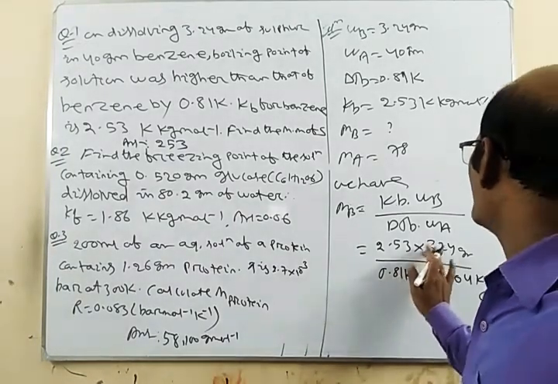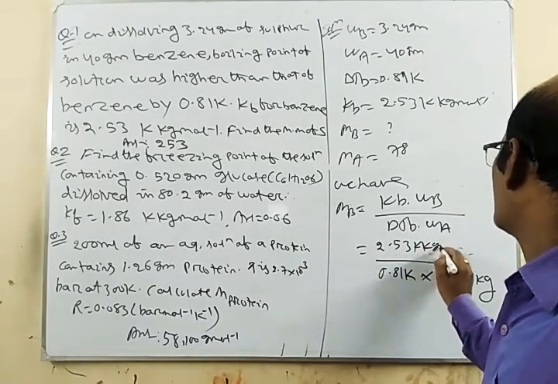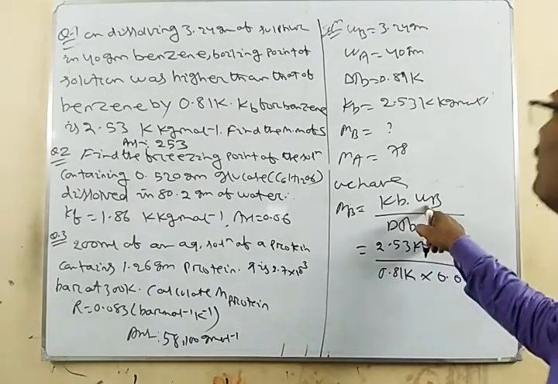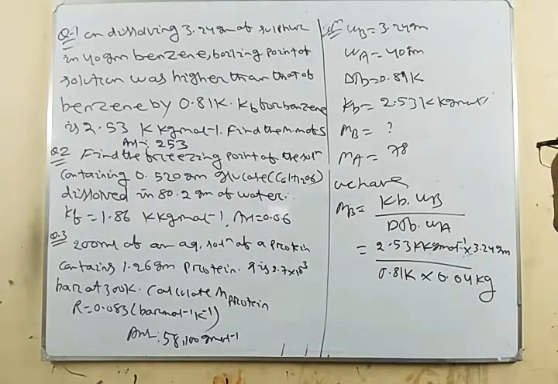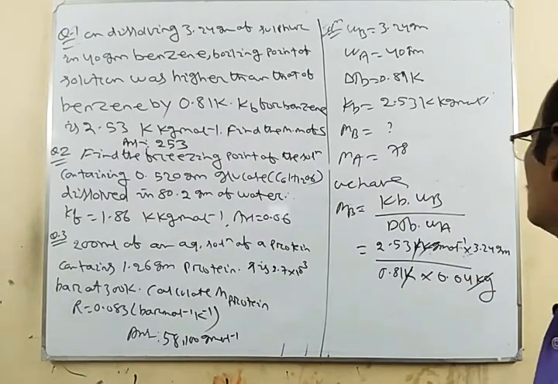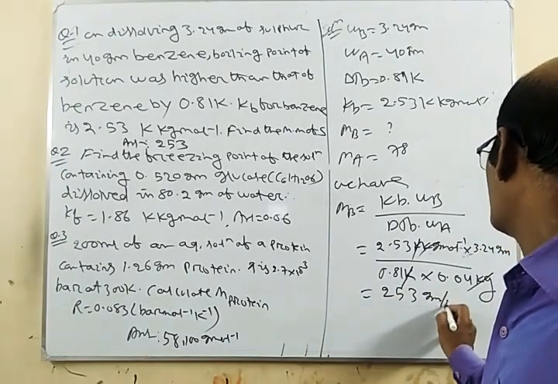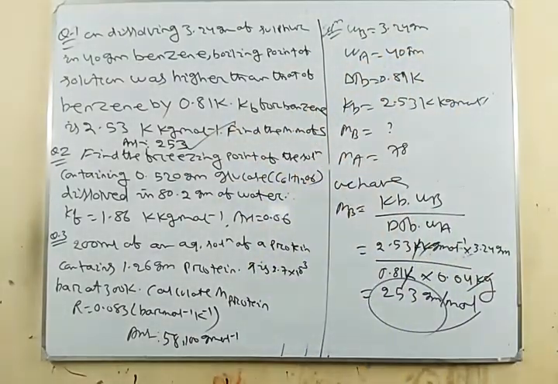This is 2.53 Kelvin kg per mole into W_B, 3.24 gram. So Kelvin kg, this is equal to what we will get: 253 gram per mole, the answer. So M_B equals K_b into W_B by delta T_B W_A is the formula.